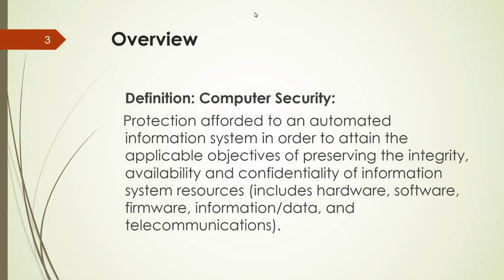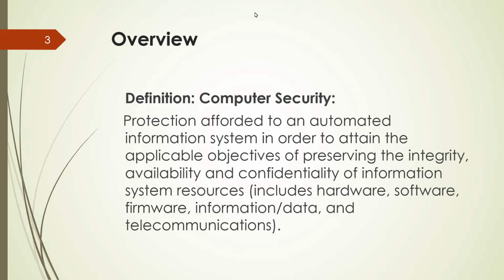And of course, we'll see those other components: hardware, software, firmware, data, information, and even telecommunication. These are the core computer security or information system resources that we will look at, or the components.